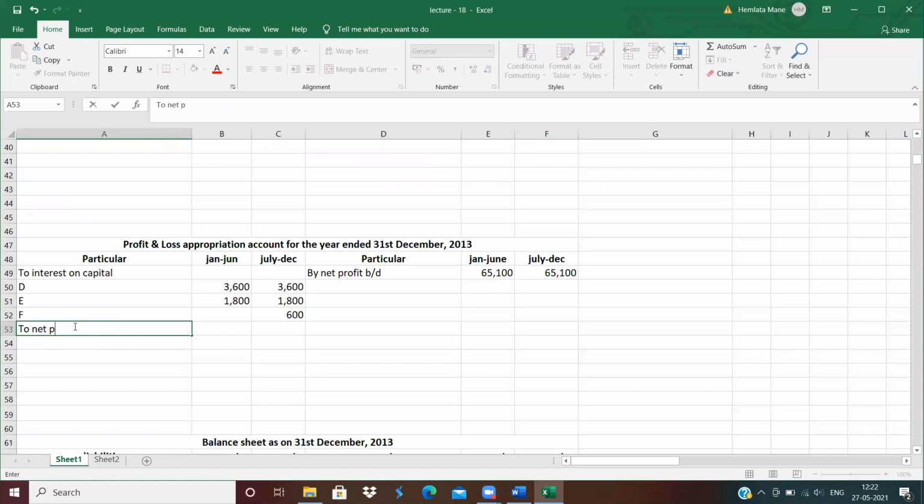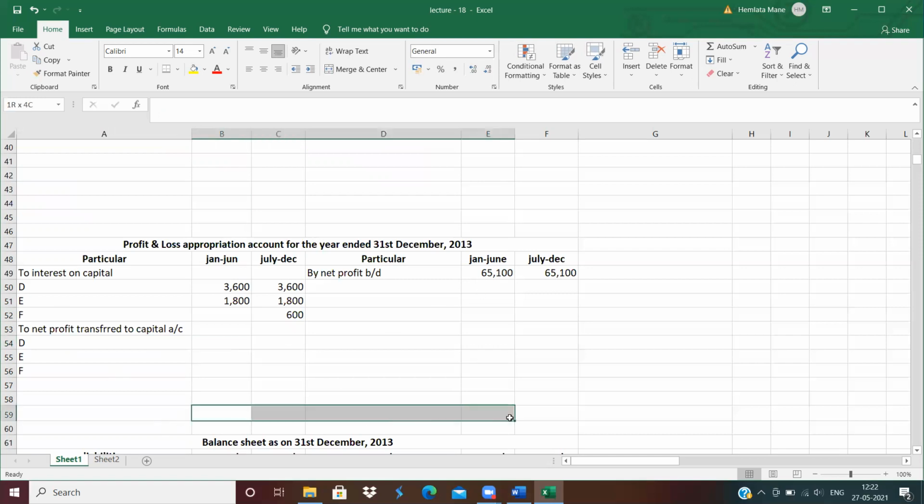Net profit transferred to capital account. Now close, the balance is 65,100. Total is same on both the sides.